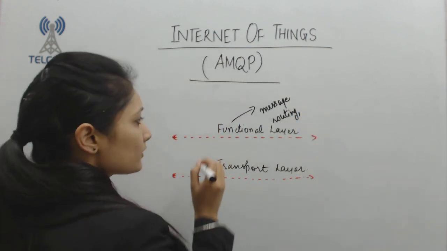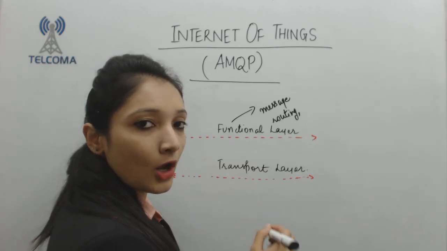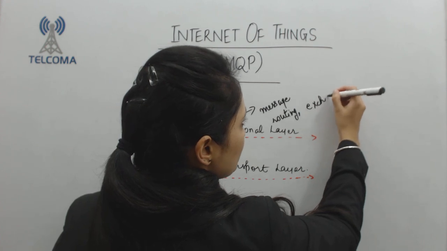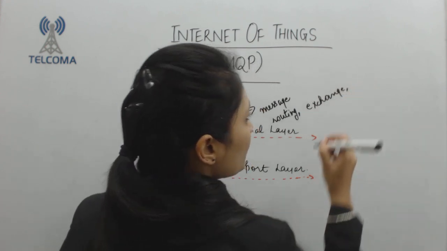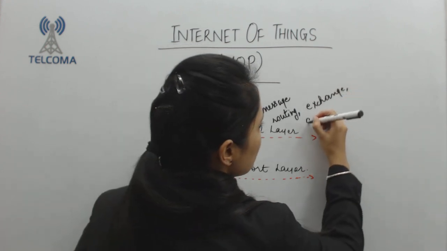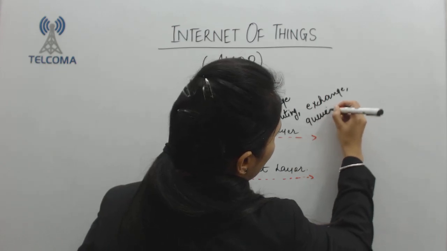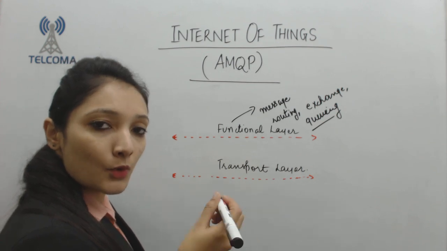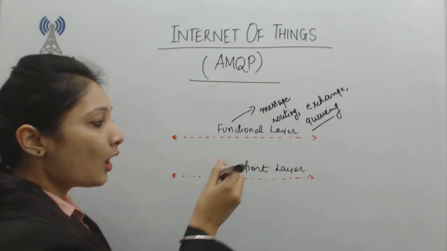This is the main function of this layer: it performs the message routing, the message exchanges, and the queuing operation, which is the most basic operation of this protocol.